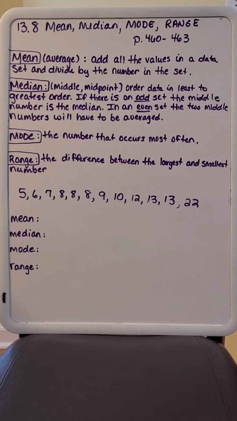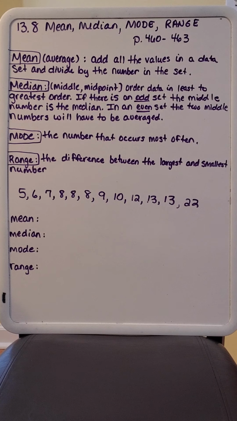Next is median. Median basically means middle or midpoint. The first thing you'll need to do, and you should do it whenever you start your problems, is go ahead and put your data set in order from least to greatest. If you do not put them in order least to greatest or greatest to least, your answer is going to be wrong.